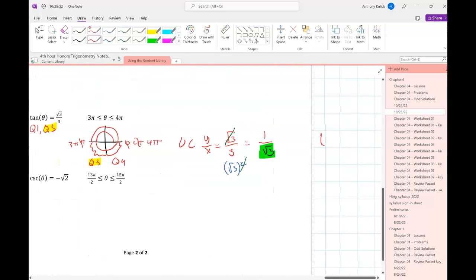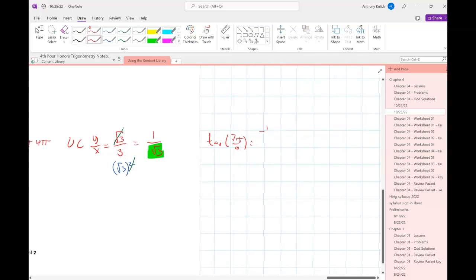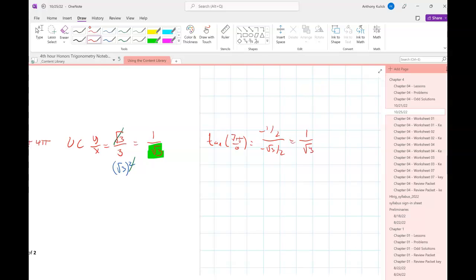So I can say tan of 7 pi over 6 is equal to negative 1/2 over negative root 3 over 2, which does give me the 1 over root 3, which rationalizes to root 3 over 3. So I have the first part. That works. But what's my problem?